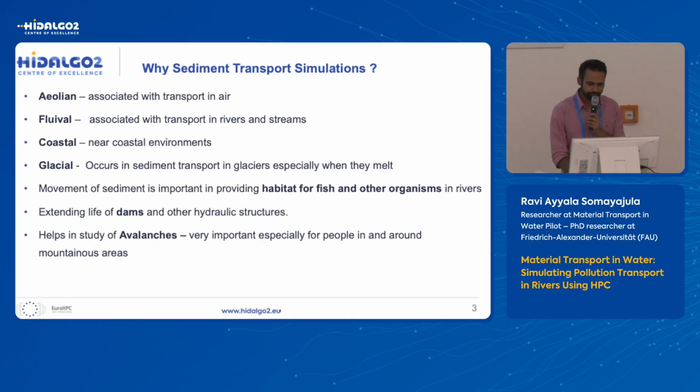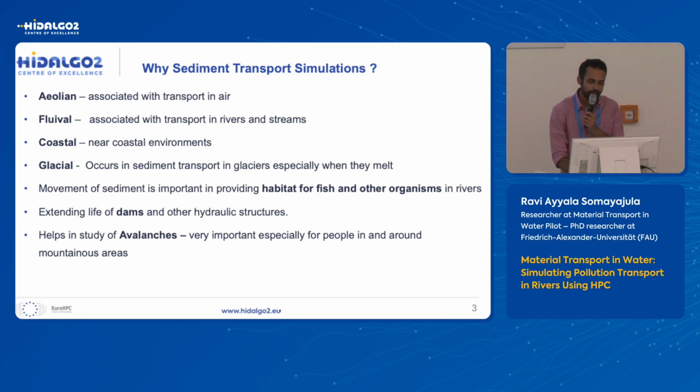So, why are sediment transport simulations necessary in the first place? Sediment transport is basically, as the name suggests, the transport of sediments in a fluid. These sediments could be particles, for instance, and there are many different ways by which sediments are transported in fluids.